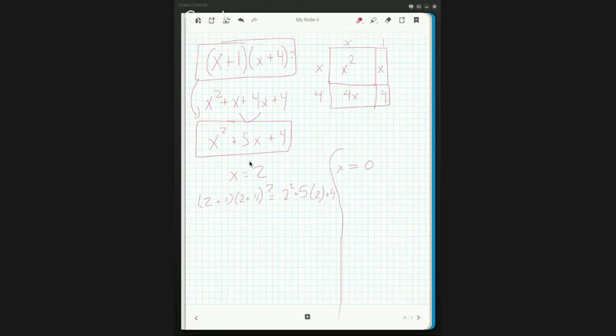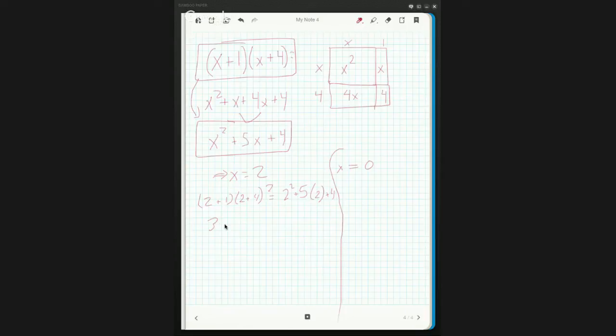Remember, if we're trying it with x equals 2, we just take x and we plug it in for each x up here. So is this true if x is 2? Does (2 plus 1) times (2 plus 4) equal 2 squared plus 5 times 2 plus 4? Well, let's see.